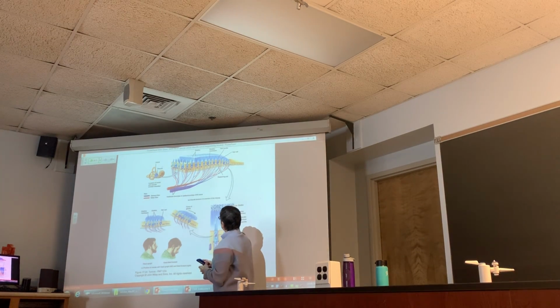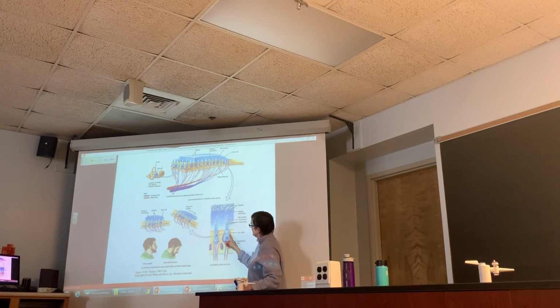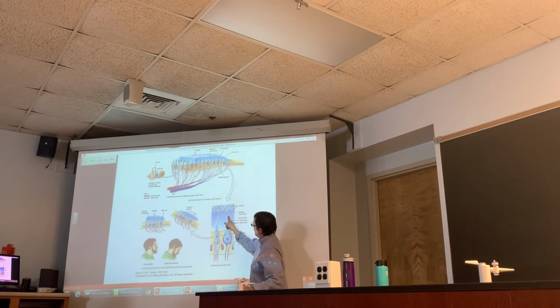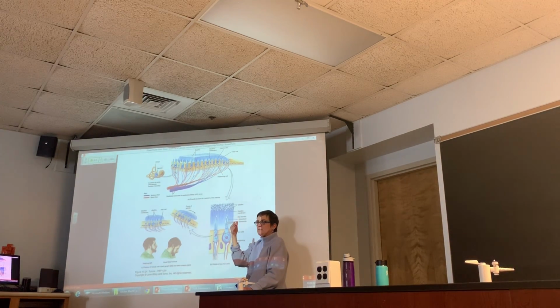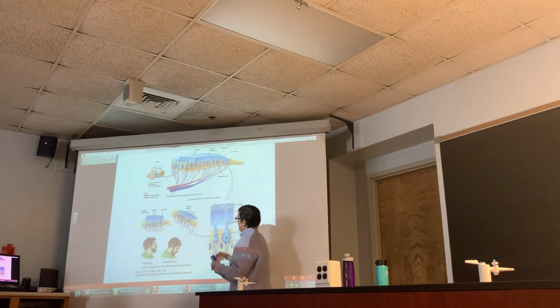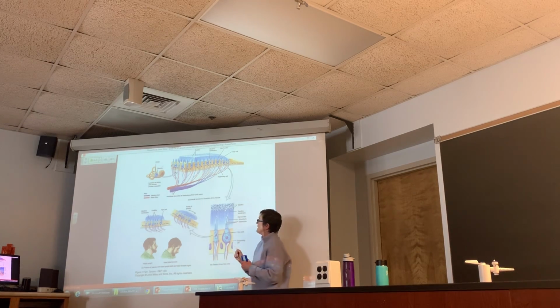And these structures contain hair cells in the wall, little hair cells that have stereocilia, which are structures that can be bent as fluid moves past them. And they are covered in a gelatinous membrane called the otolithic membrane.